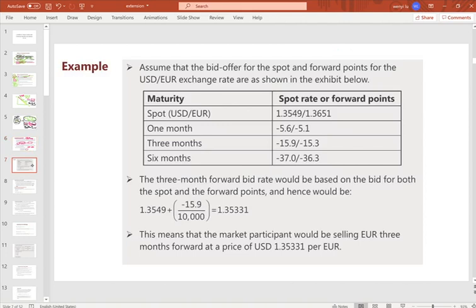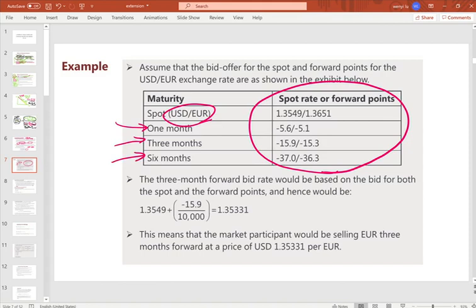Assume that the bid and offer for spot and forward are shown in the tables below. You can see the US dollar to euro exchange rate in these tables, and based on this quote, €1 equals how many dollars. And we have the 1 month, 3 months, and 6 months forward. The 3 months forward bid rate would be based on a bid for both the spot and the forward rate.